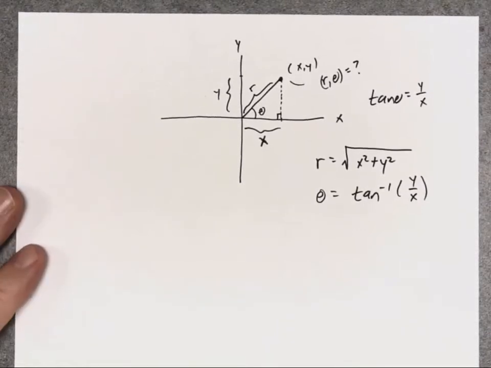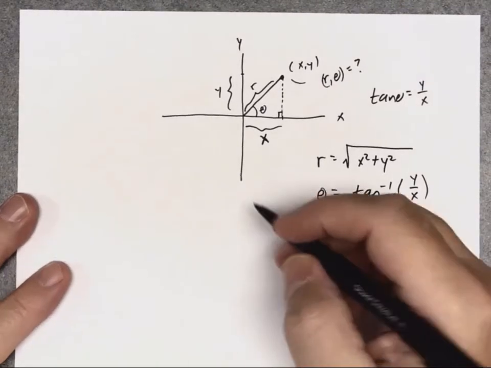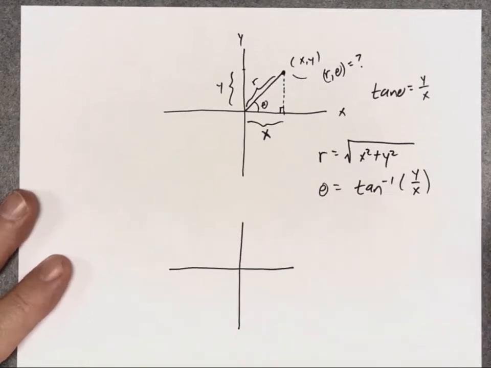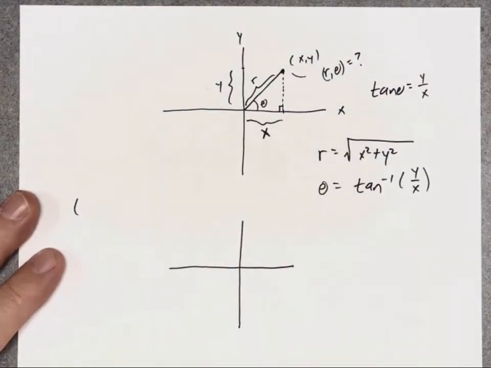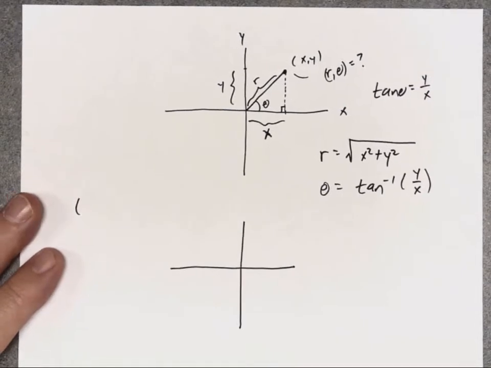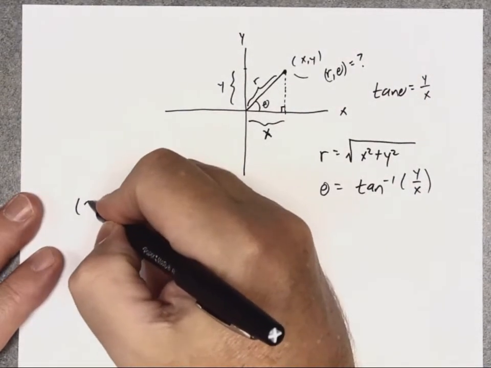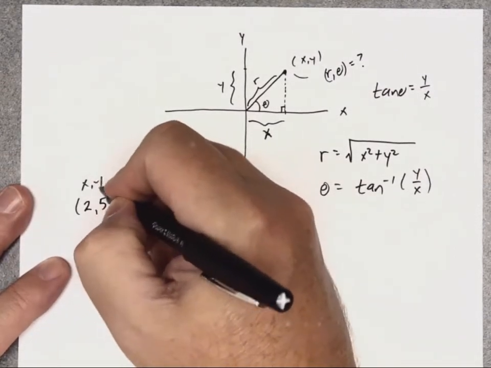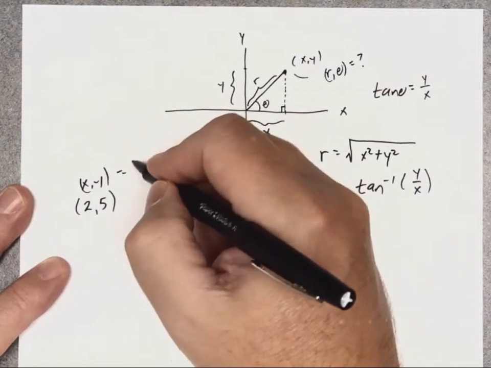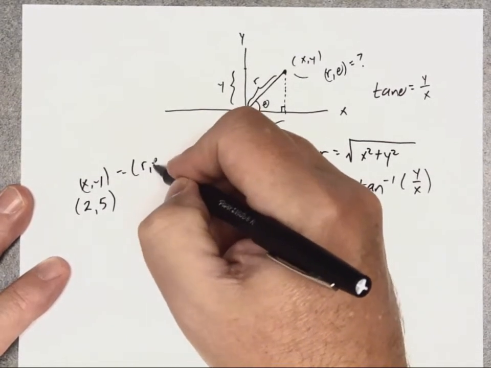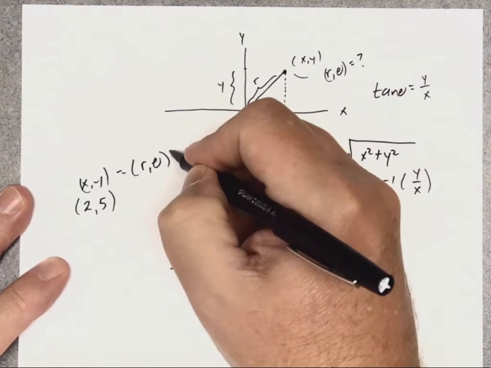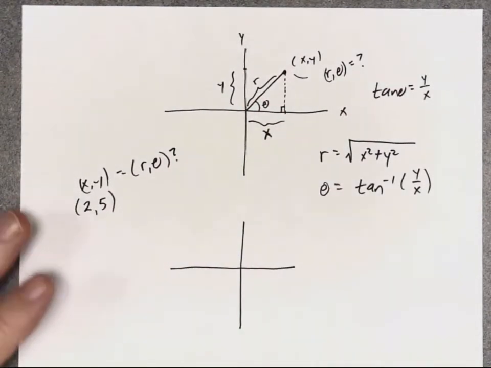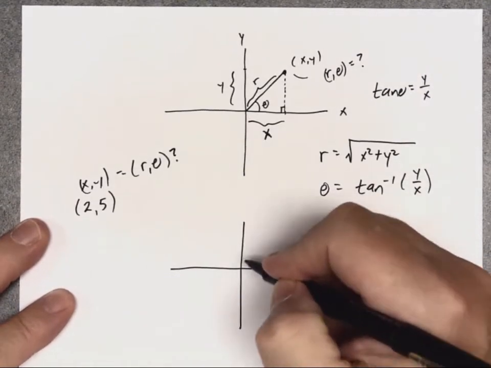So let's just do a quick problem or two. So how about I'm given a point 2, 5 in xy, and I'm asked to convert it to r theta.